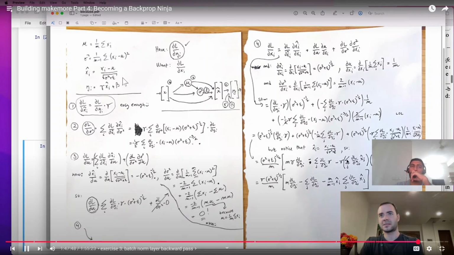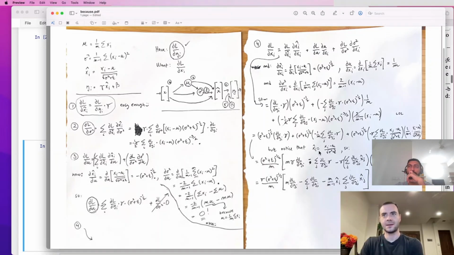And then when you simplify the expression, you'll notice that some of these terms that are coming out are just the xi hats. So you can simplify just by rewriting that. And what we end up with at the end is a fairly simple mathematical expression over here that I cannot simplify further. But basically, you'll notice that it only uses the stuff we have, and it derives the thing we need.